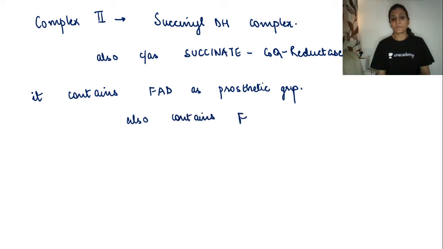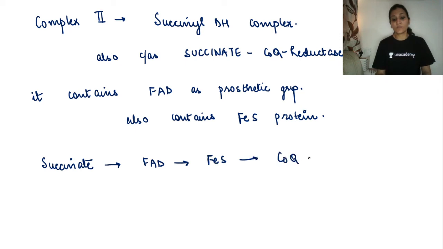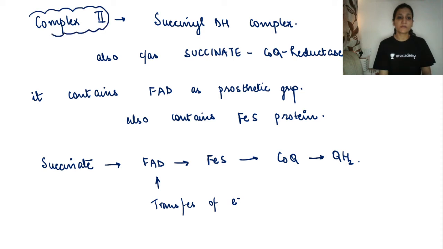So the sequence will be like this: succinate to FAD, FAD, iron sulfur, to coenzyme Q, to QH2. Here there will be transfer of electrons. So this was about your complex 2.